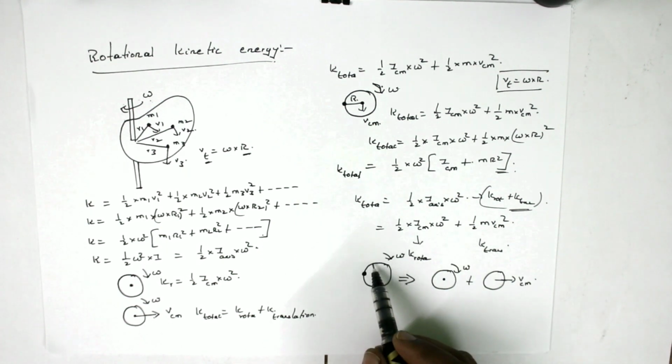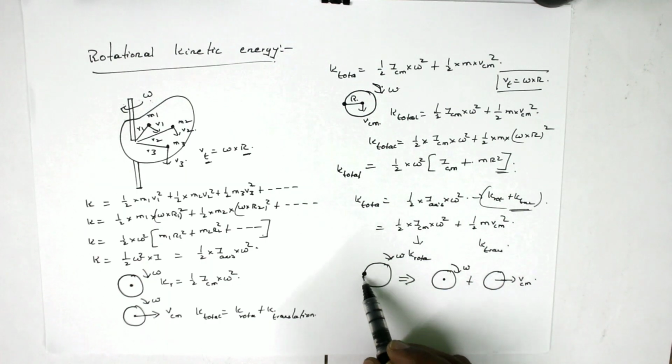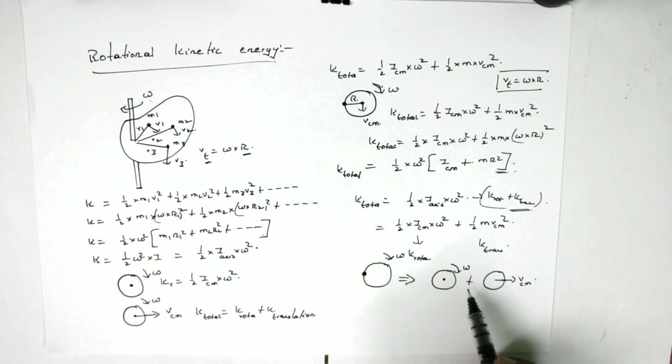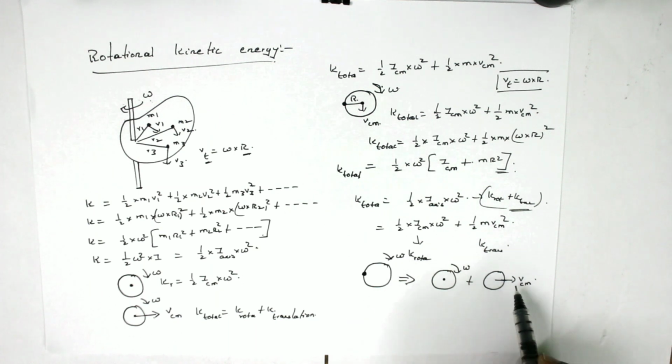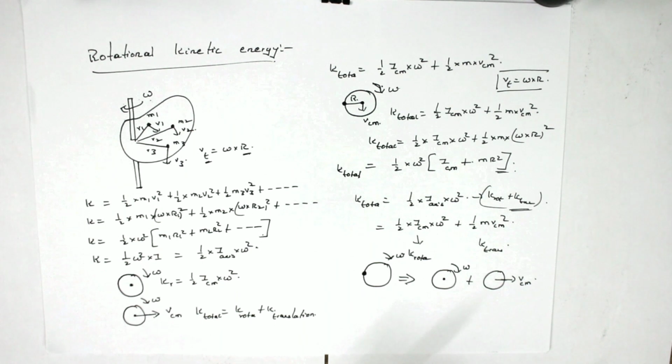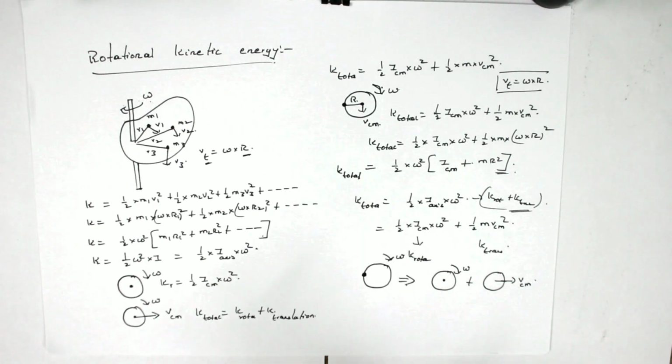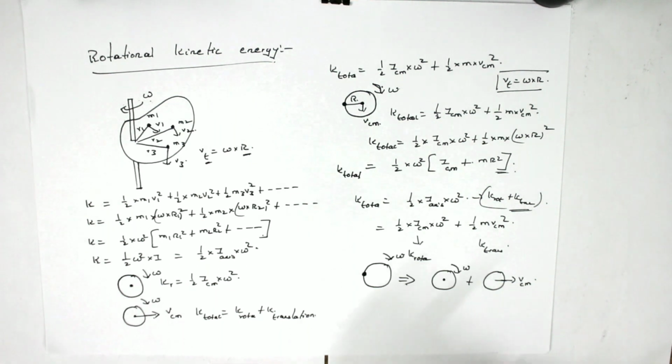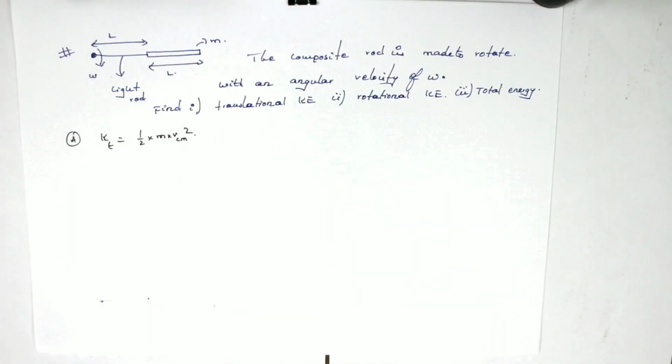So either I can directly use the relation for total kinetic energy by considering the axis here, or I can individually add rotational kinetic energy and translational kinetic energy. Then also I will get the total kinetic energy of this body. Based on this discussion, let us do some examples so that we can understand the concept clearly. So now let us see this question.